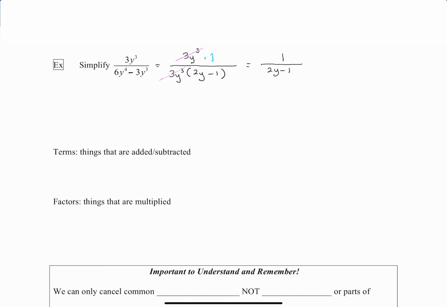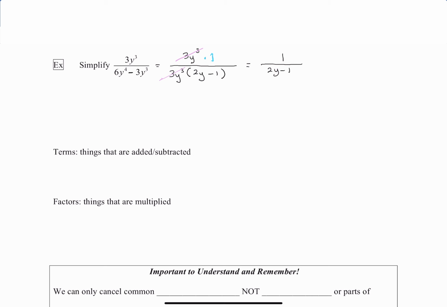We need to review a bit of vocabulary before we keep going. Let's make sure we understand the difference between terms and factors. Terms are things that are being added or subtracted, whereas factors are things that are being multiplied.